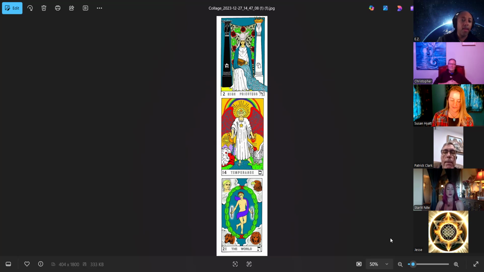Then as you move up into the temperance screen, the figure is draped in white clothing, with the star in the center.